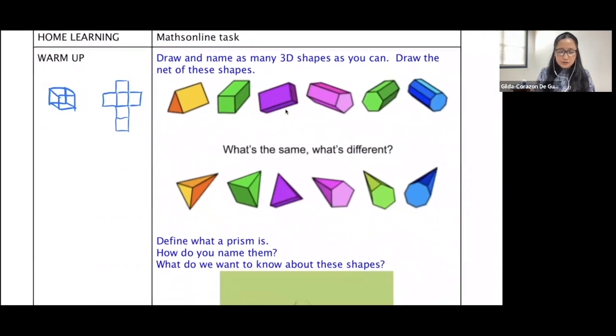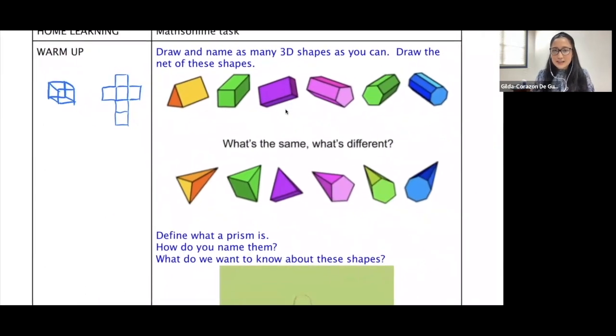Okay, so we want to draw and name as many of them, and I've given you a few of them as a drawing, so you might want to just draw their nets, or maybe name them as well. And how do we name them? Okay. So these are all 3D shapes. What's the same? What's different?